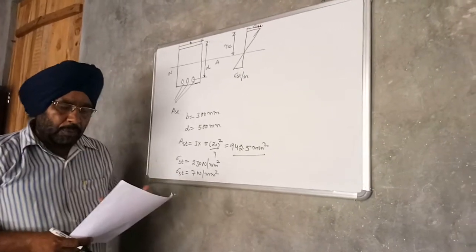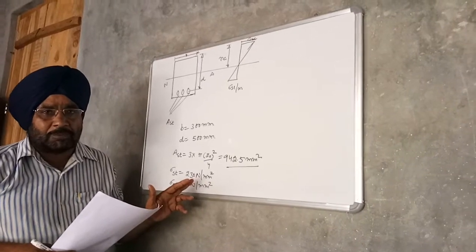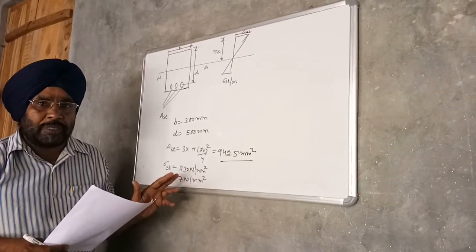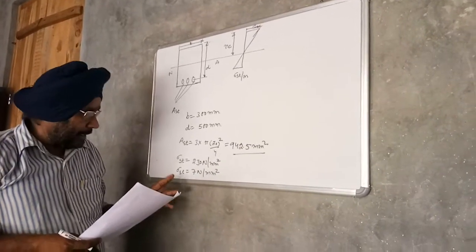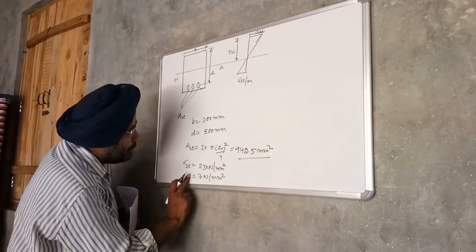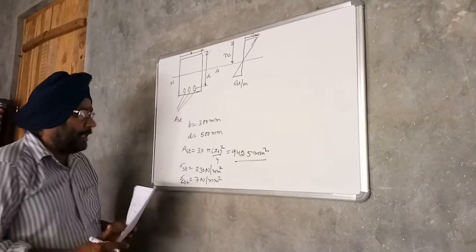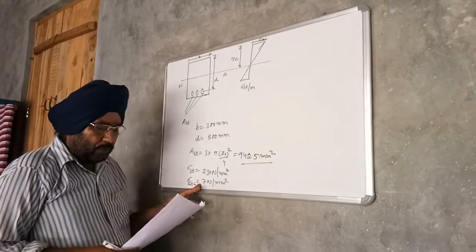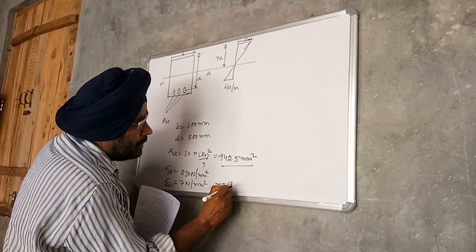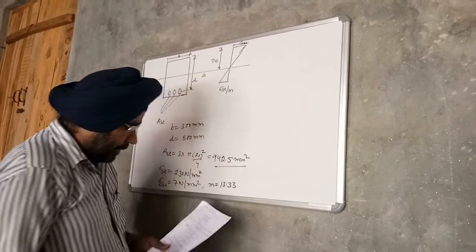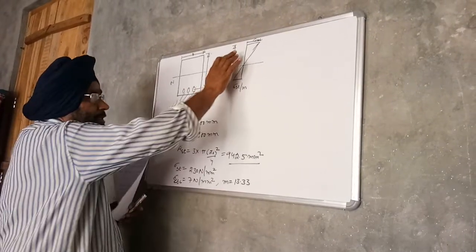For Fe 415 grade, sigma ST is 230 Newton per square millimeter as per IS code 456/2000, and concrete used is M20. For M20 grade concrete, sigma CBC, the permissible compressive stress in concrete, is 7 Newton per square millimeter, and modular ratio m is 13.33. So first of all, we will find the depth of the critical neutral axis Nc.